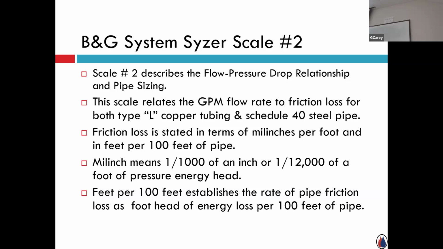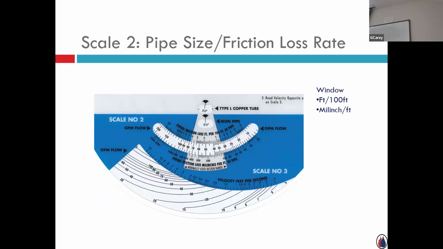that's scale 2. So when you look at scale 2, right up here would be scale 1, down below is scale 2. You've got pipe sizes, and you're going to line it up opposite a particular arrow on either the copper pipe sizing or the iron, so schedule 40 or type L. You have, again, this white band, which is where we'll find the flow rate that we're looking for.